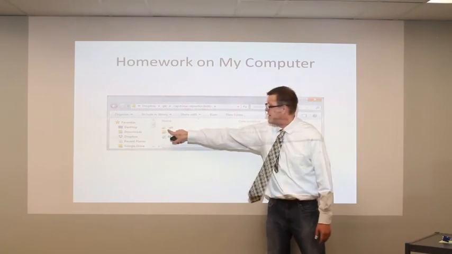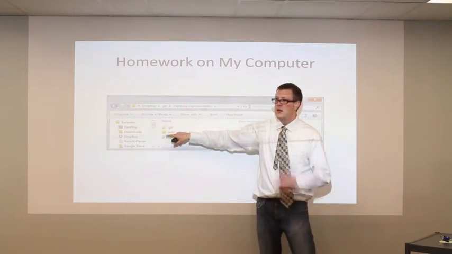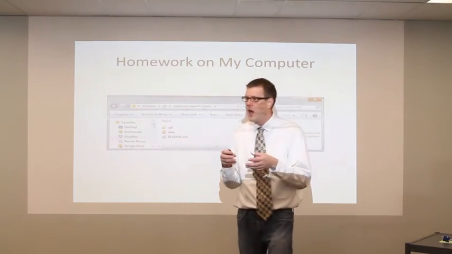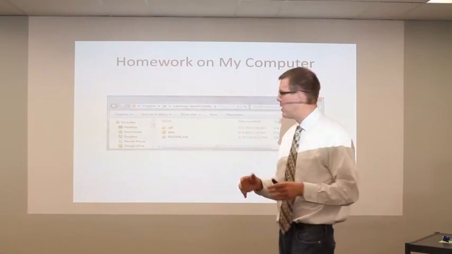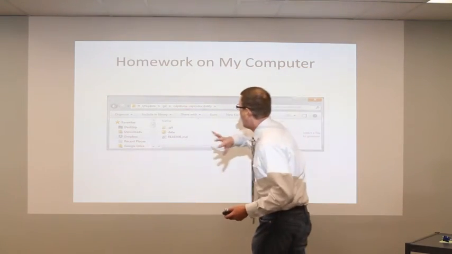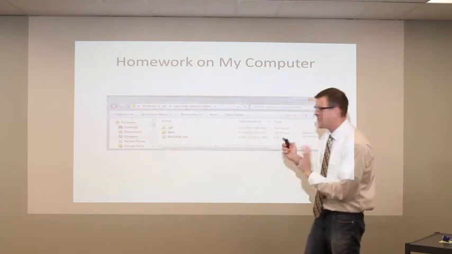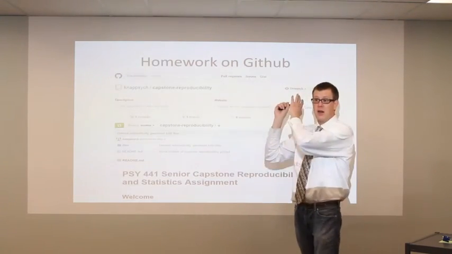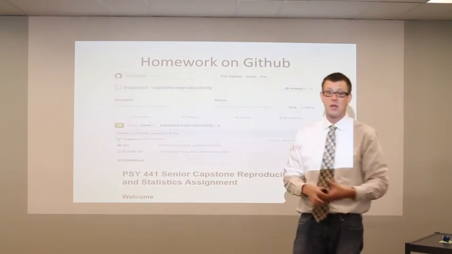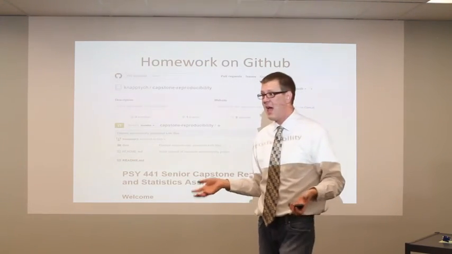This is tracked by Git, that's that .git thing right there. So it tracks any changes. As I update my instructions, it will automatically be saved when I tell it to. And what I can do then is take this Git tracked homework that's on my computer and push it up onto the internet, onto GitHub, so it's available for anyone in the world to have access to.